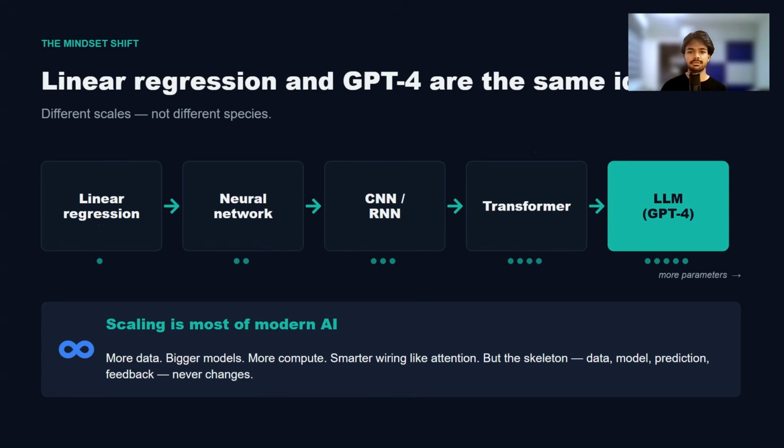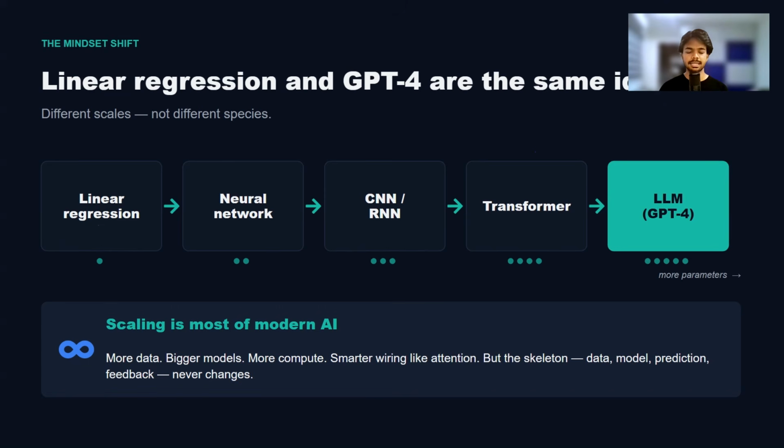Then you have a neural network, which is more weights, more layers, and a bit richer in function. Then you have transformers and large language models, which are still layers. They're still weights. They're still that same training loop, but with clever wiring, like attention that handles sequences efficiently and scale to hundreds of billions of parameters.